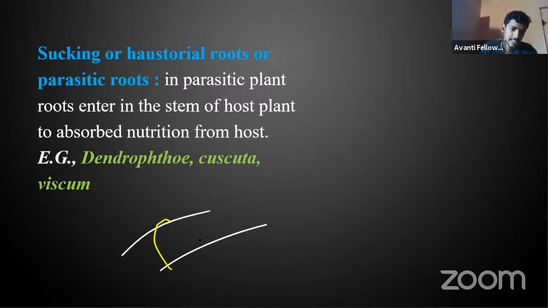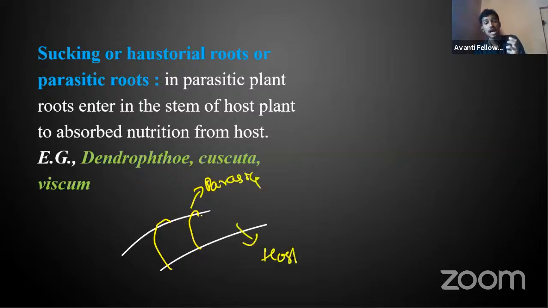How is our parasite getting nutrition? This is the parasite, and think this is the host. How is it getting nutrition from the host plant? It has a kind of root. We call it a haustoria. Haustoria we normally use for fungi, but we can use it here also. That means a root which can extract the nutrition from the host.